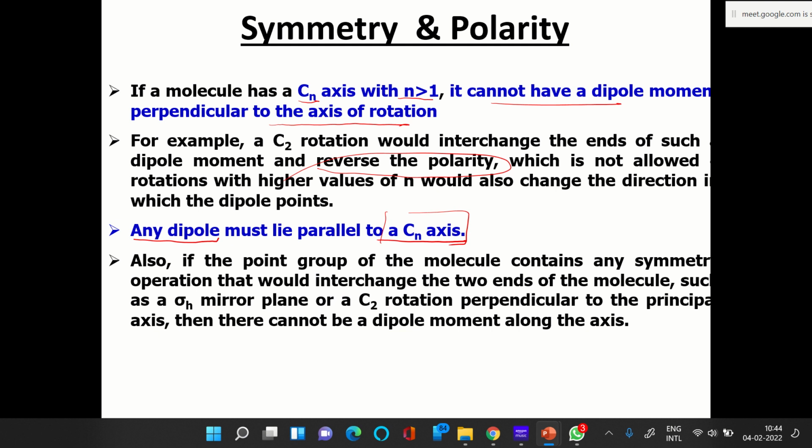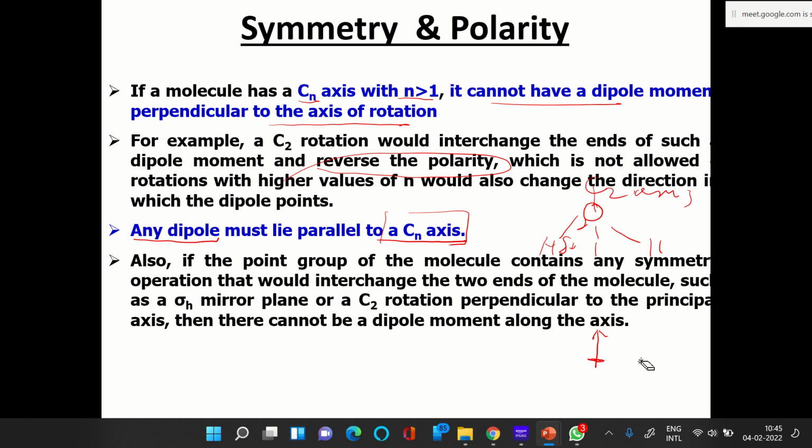So for example, if you think of water, and this is the C2 axis, and you rotate it along the C2 axis, then the net dipole, which is pointing from positive charge to negative charge, so the net result is pointing this way, and this is lying on the C2 axis itself. The dipole moment is along C2.